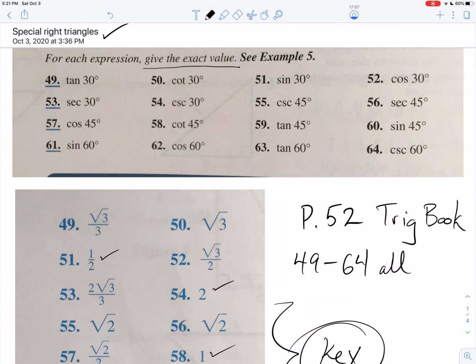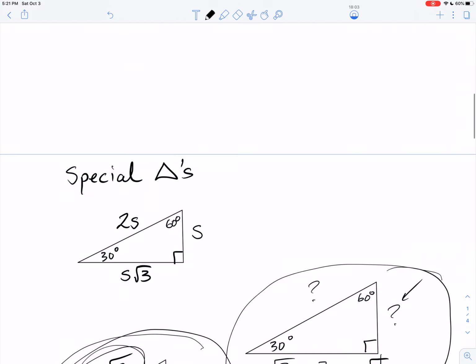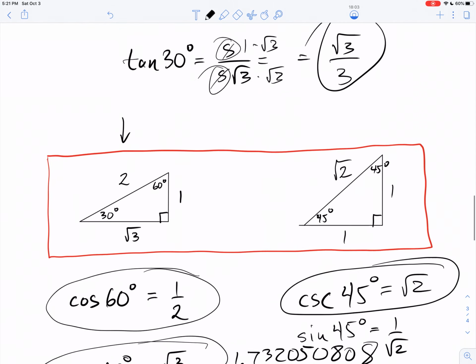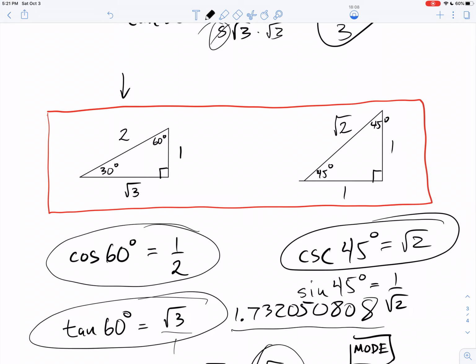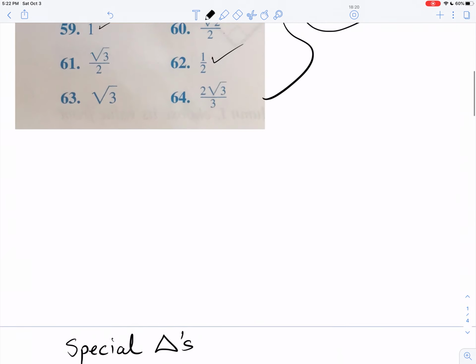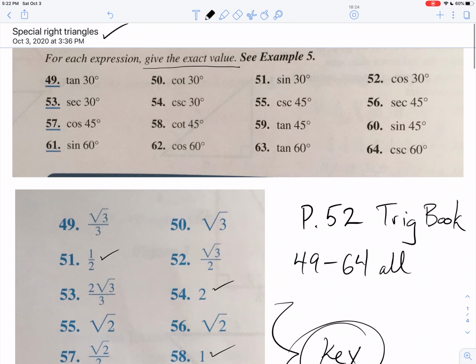So look at our questions. What's the tangent of 30? Guess what? You're going to go look at this reference triangle. Look, you're going to go down here. If you haven't already jotted this down in your notes, anytime they ask me about a question that has a 30 or a 60 in it, I'm going to look right here. Tangent of 30, it's 1 over rad 3. But then I have to rationalize it. Let's go up again. The cotangent of 30. Heck, I just did problem number 49.